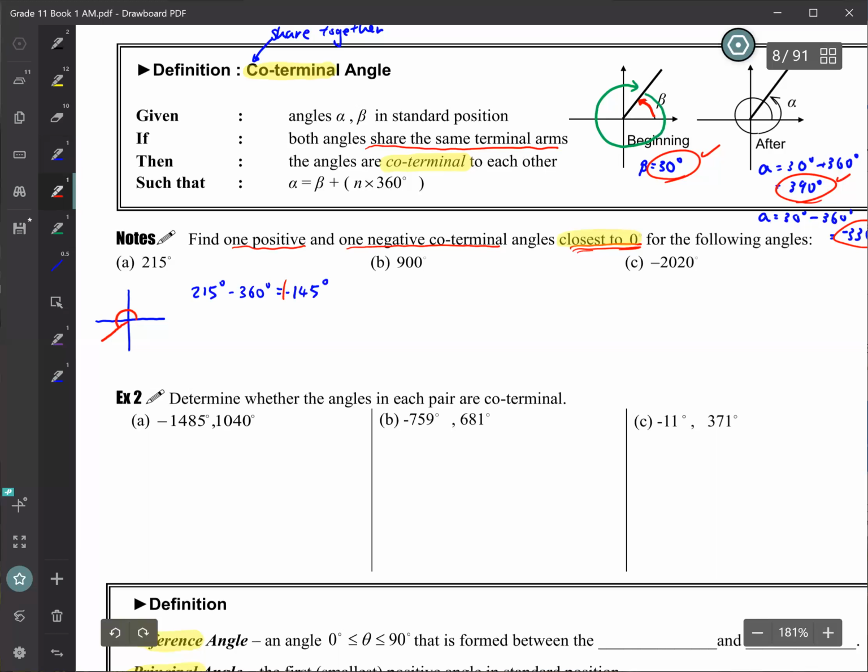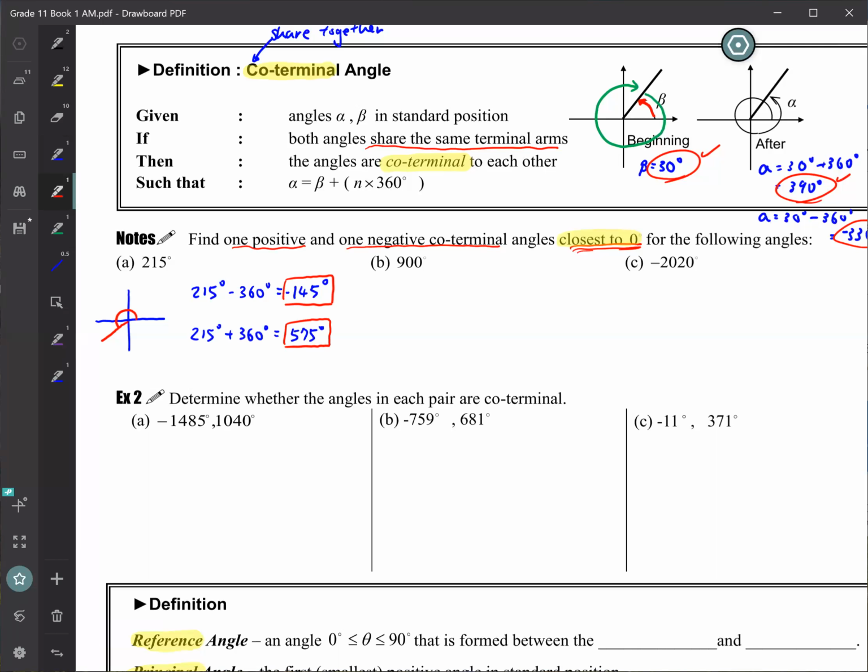This is called a negative coterminal angle. And then 215, if I add 360, this one will be 575. Then this is the positive coterminal angle. And those are the ones that are closest to 0 degrees.